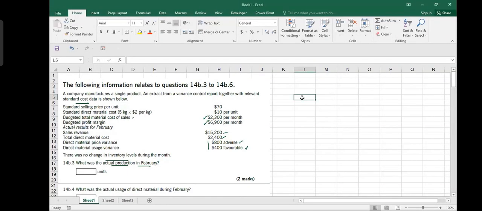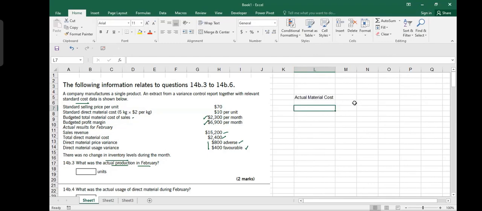They told you the actual material cost you have incurred is 2,400. And then there are some variances. We will take away the effect of these variances, and we'll find out the standard.